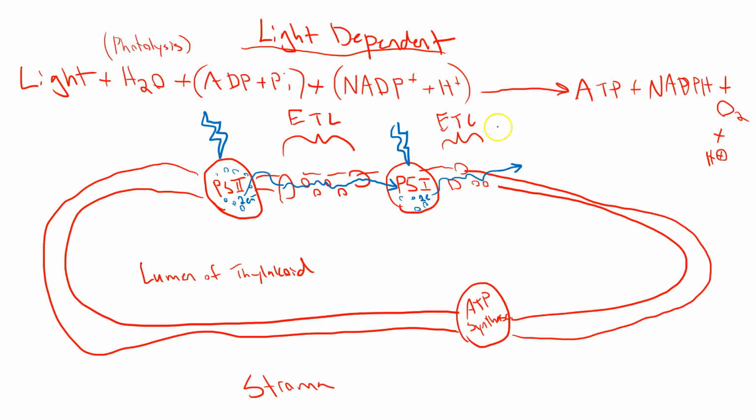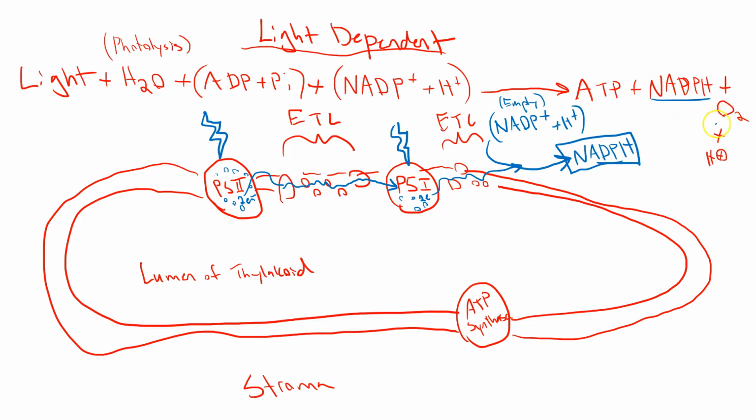So incoming is NADP plus H plus, which we always write together. This is the empty electron shuttle, and it's going to come by, pick up those electrons, and form NADPH, the full electron shuttle. So that's where we get this coming from.